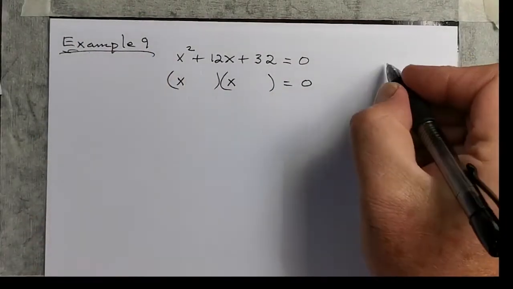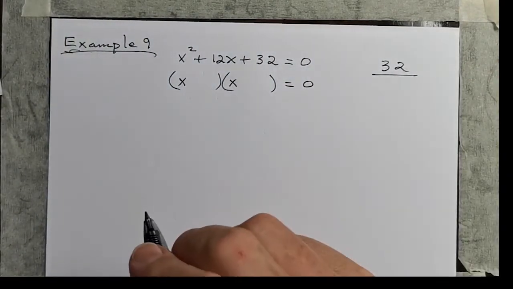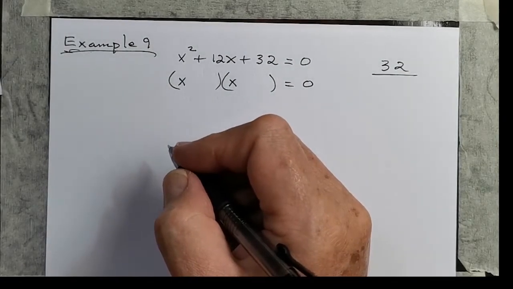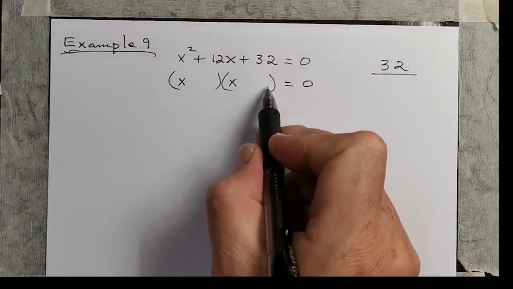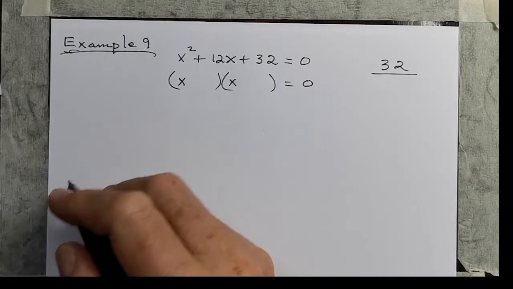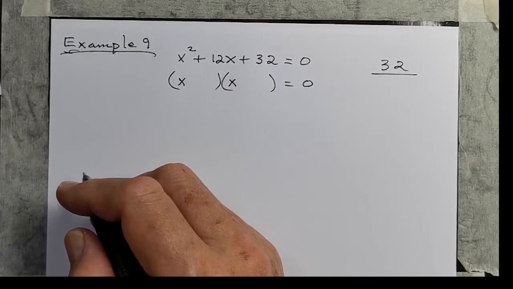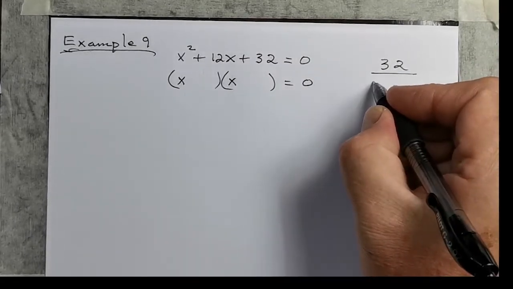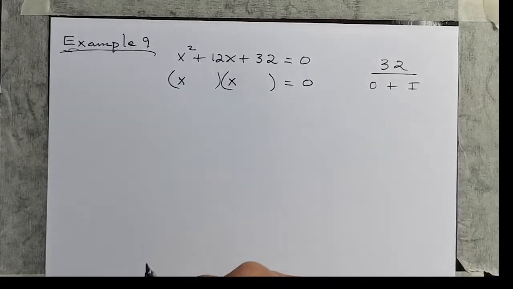However, factors of 32 could be slightly more complicated. Notice that 32 is the product of the last terms. This one times this one, the last. And we know that the outer plus the inner must be equal to the center term of 12x. So we're looking here for outer plus inner.